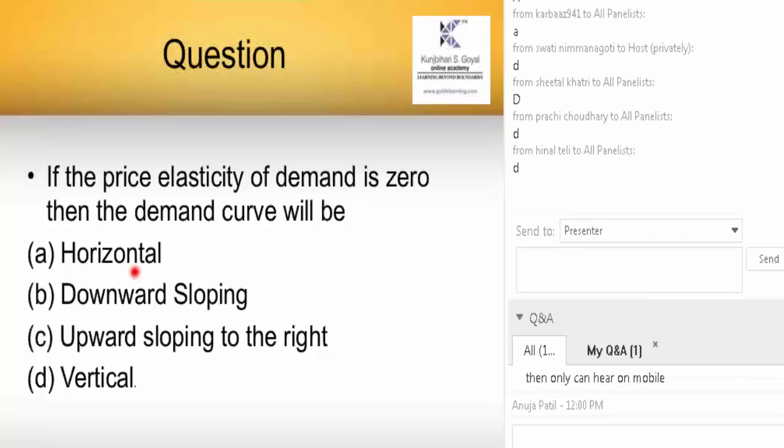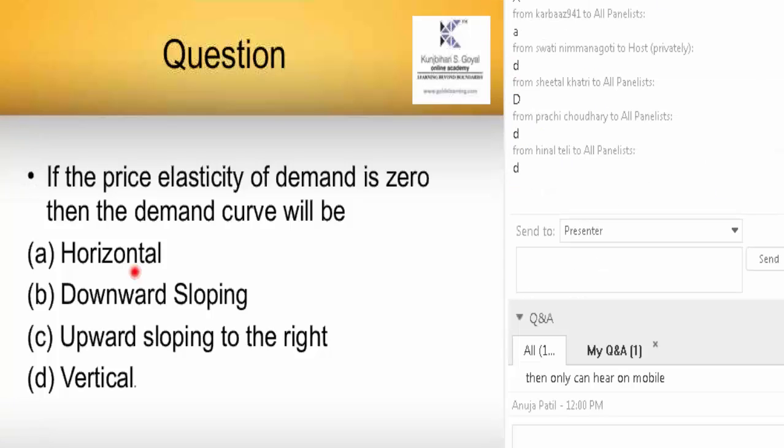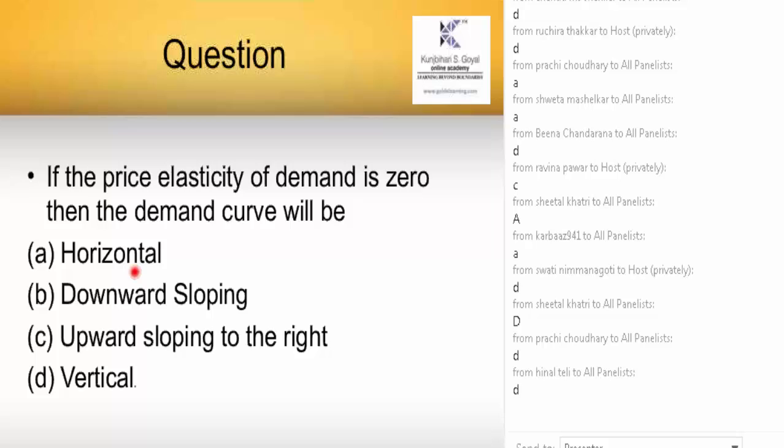So the relationship between income and demand. Your income is the independent variable and demand is the dependent variable. Right? So demand depends on income. So there is a positive relationship between income and demand. Right? Both will increase together, both will decrease together. That is a positive relationship.